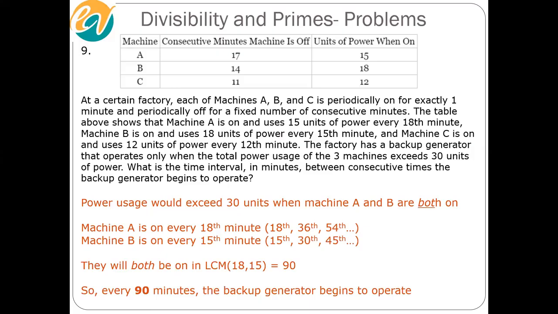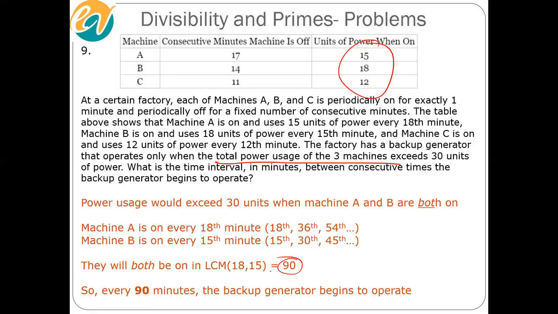Can you repeat, Kavita? Correct. Okay. So that I understand. I understand what you're trying to say. Basically, total power usage of three machines essentially means that this is three machines, right?